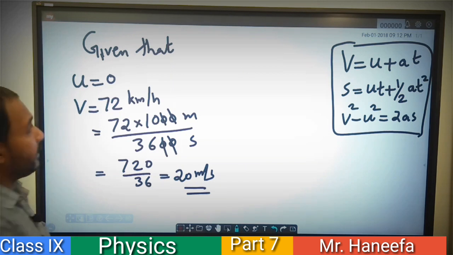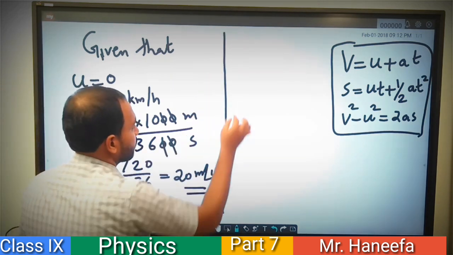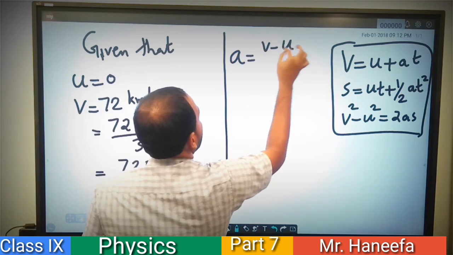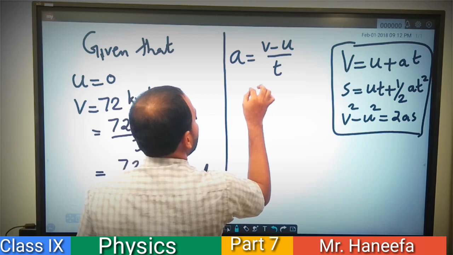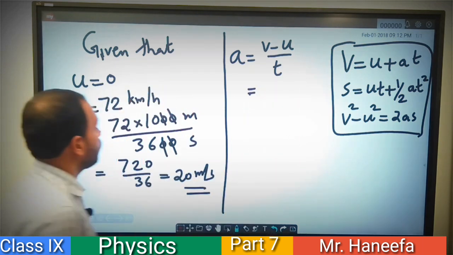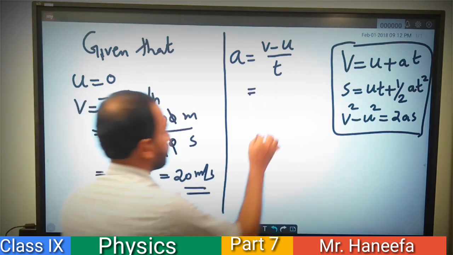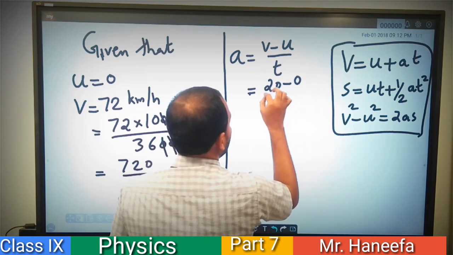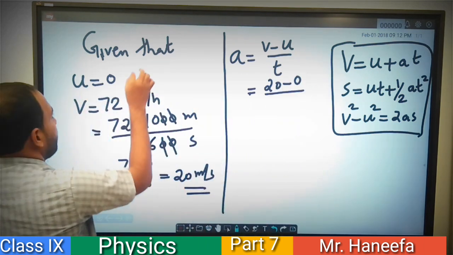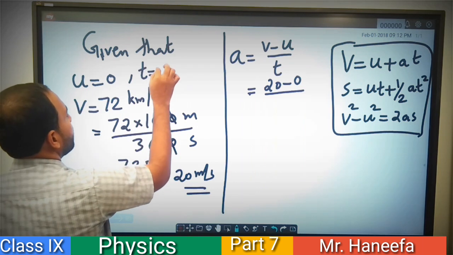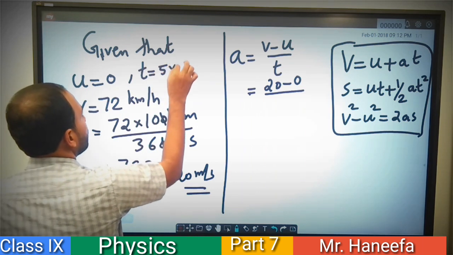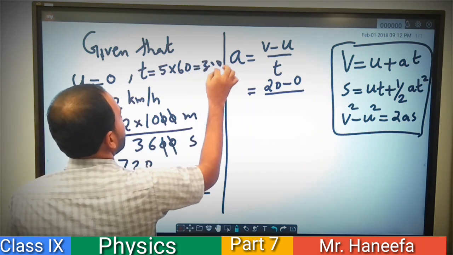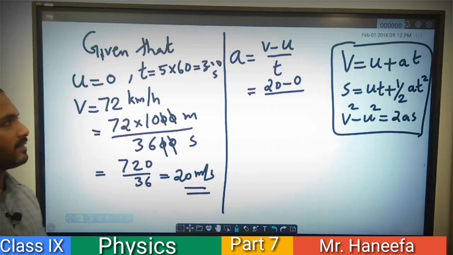Then we have to find first the acceleration. We know acceleration equal to (v minus u) by t. What is v? 20. 20 minus 0 divided by, what is time? Time equal to 5 minutes, that means 5 into 60 seconds equal to 300 seconds. 300 seconds is the time.